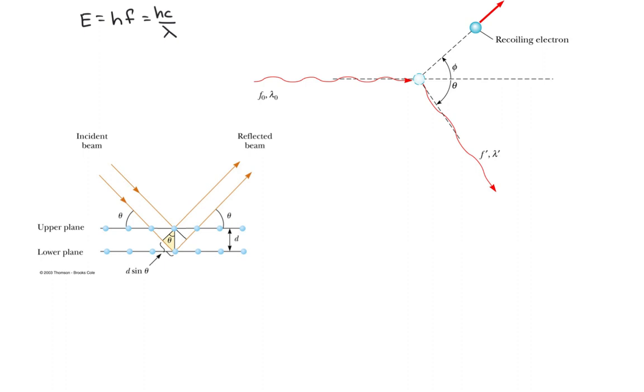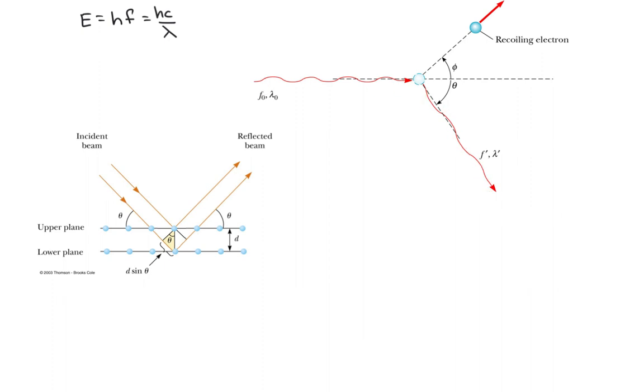But what's happening is when this X-ray hits that atom, it knocks off an electron. It just collides. Knocks off an electron, and so then the X-ray has less energy. The emitted X-ray, the reflected X-ray, has less energy than the incident X-ray.